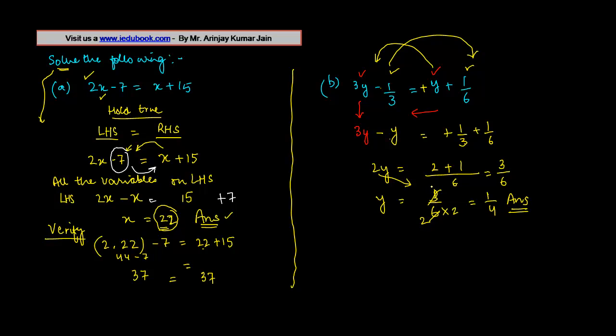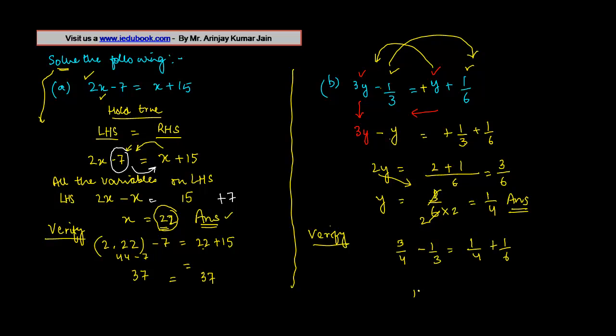And you can verify this equation for 1 upon 4. So let me do that for you. You will get 3 into y, which is 1 upon 4, minus 1 upon 3, is equal to 1 upon 4 plus 1 upon 6. This 3 into 1 upon 4 is nothing but 3 upon 4.